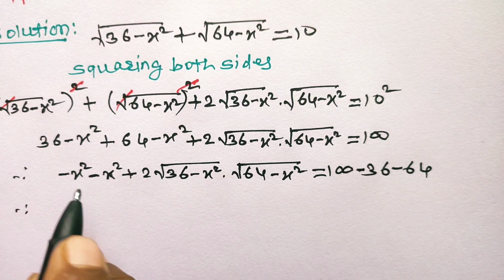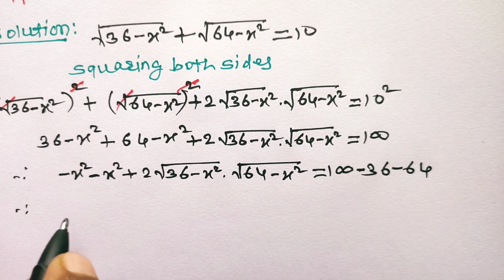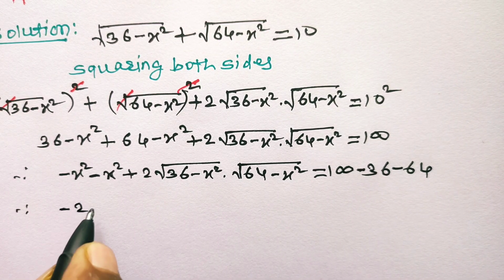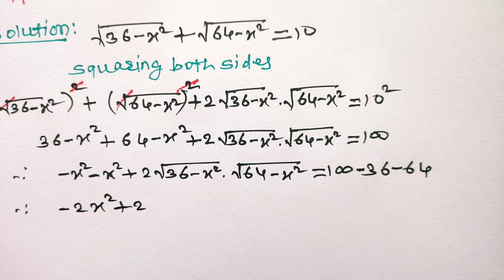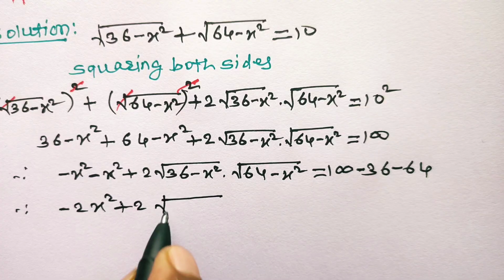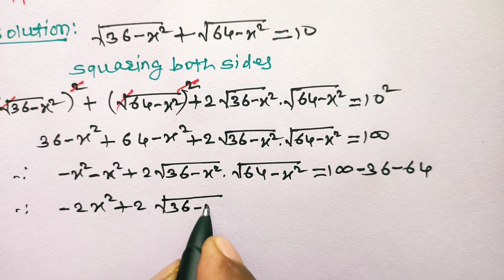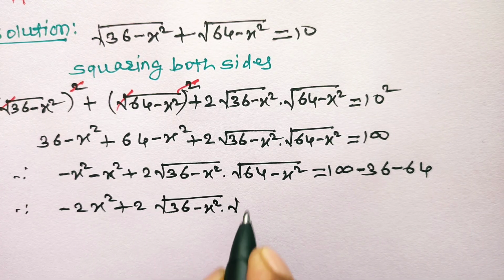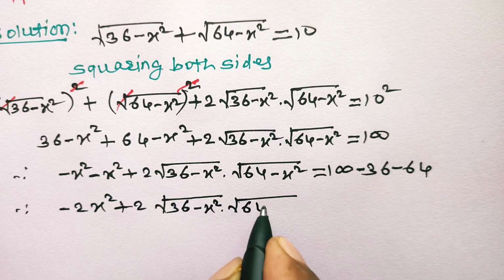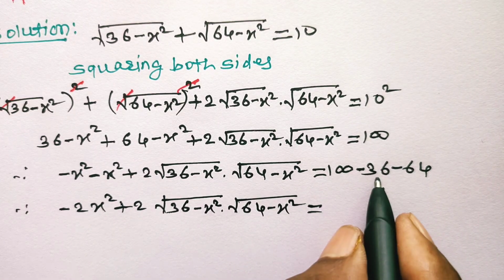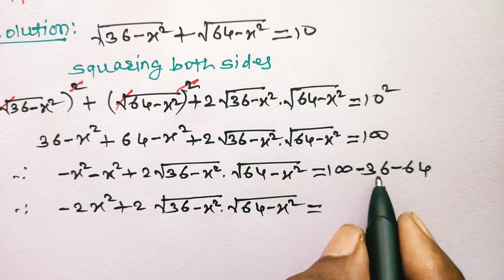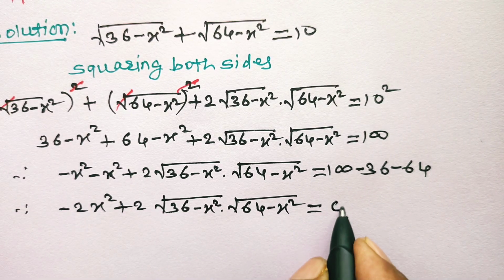Hence minus x square and this minus x square, this becomes minus of 2 times x square plus 2 times square root of 36 minus x square into 64 minus x square. This is equal to 100 minus 36, 64 minus 64, 0.